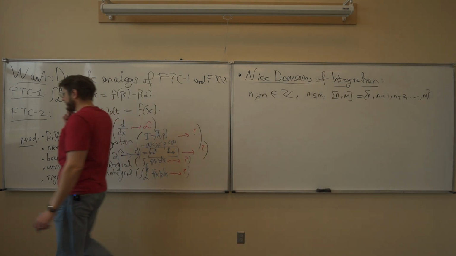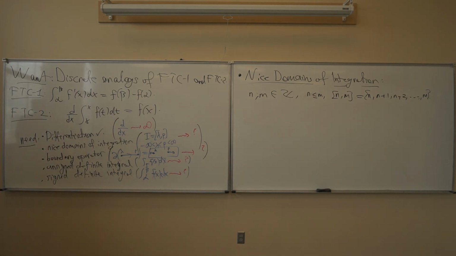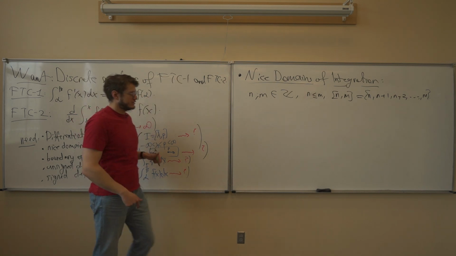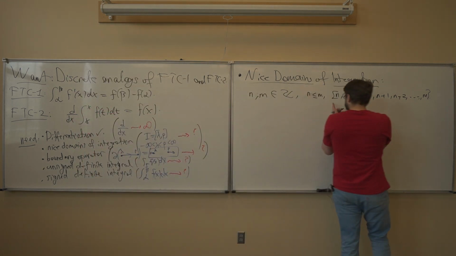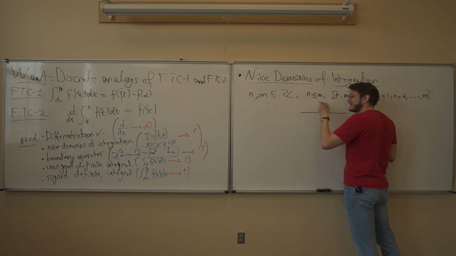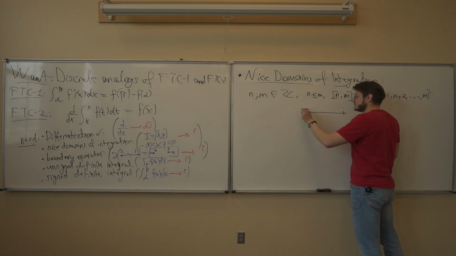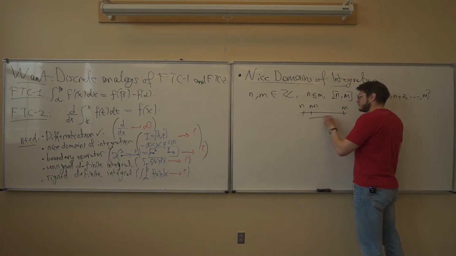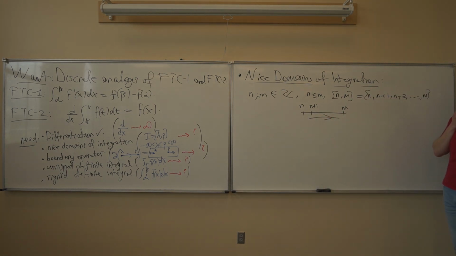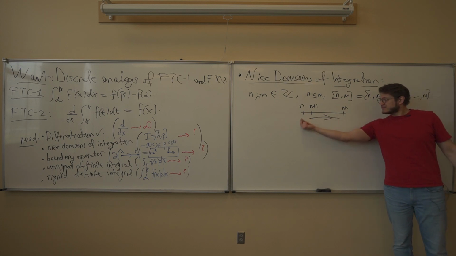So that's my nice domain of integration. And its orientation should be from the smaller integer to the larger integer. And even though this is a discrete set, I'm still going to draw the underlying real numbers. So this is the orientation. What is its boundary? Well, it should be this minus this.